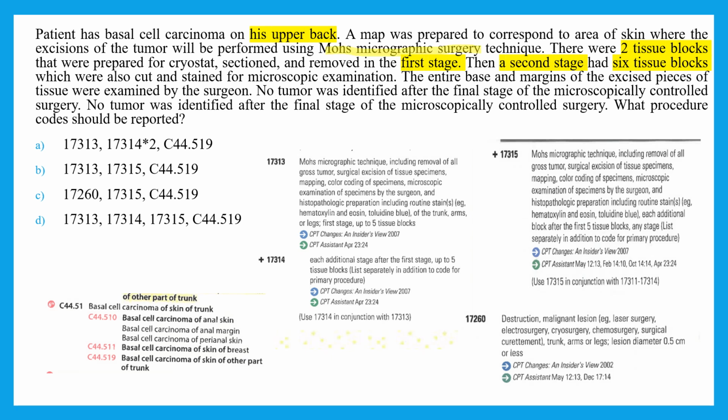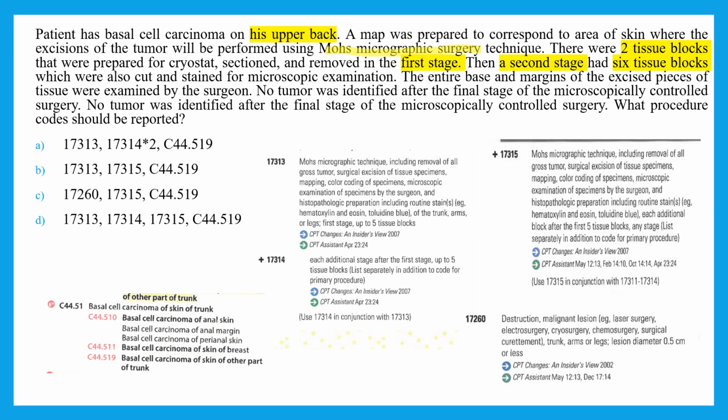There were two tissue blocks that were prepared for cryostat section and removed in the first stage. Then a second stage has 6 tissue blocks which are also cut and stained for microscopic examination. They examine the base and margins of the excised pieces, and so on. Okay, so first we need to look for the anatomical site, then the number of stages, then the number of tissue blocks.